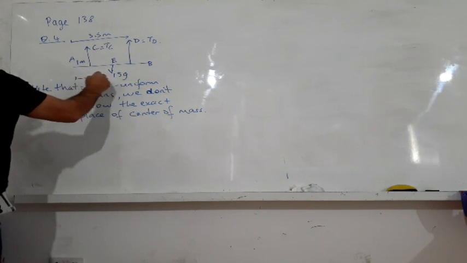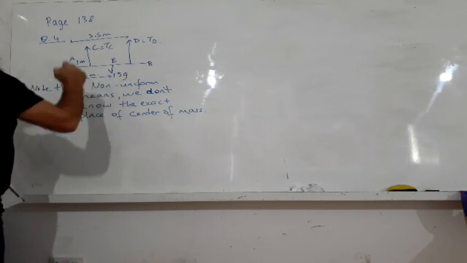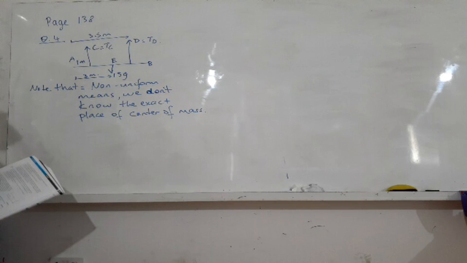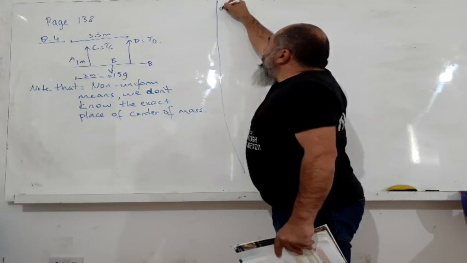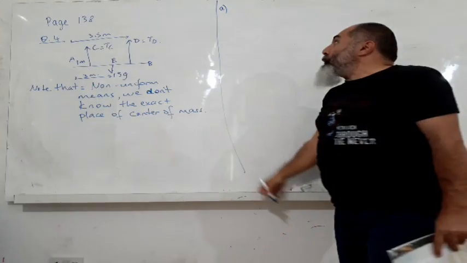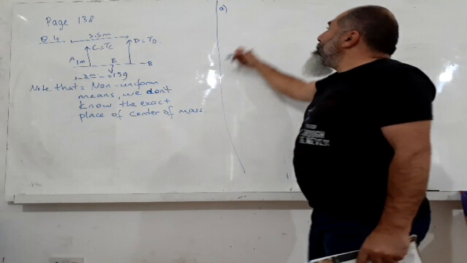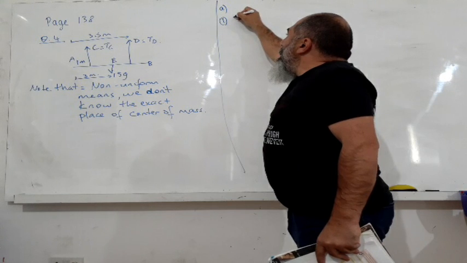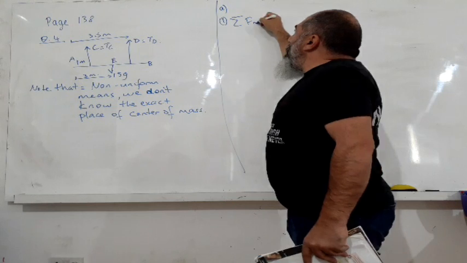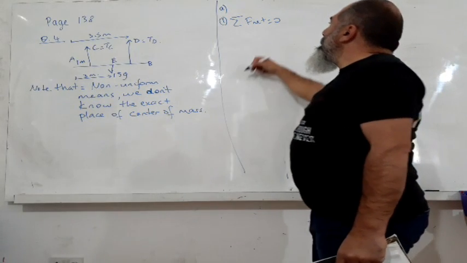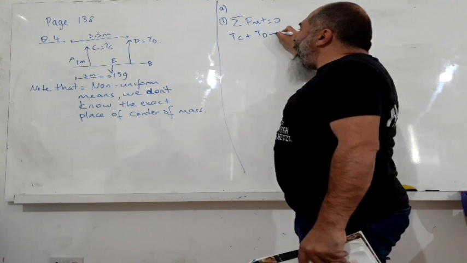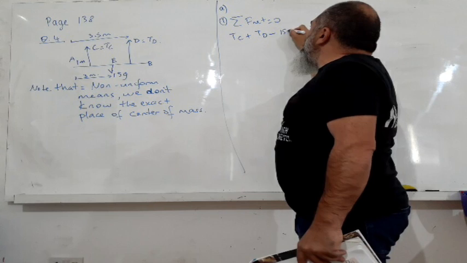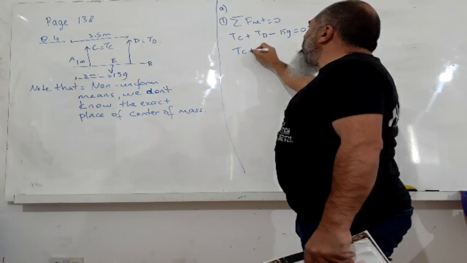It is given in the question. So, for part A, let's apply our equilibrium rules. First, F net must be what? 0. So, tension C plus tension D minus 15G is equal to 0. Tension C plus tension D is equal to 15G.